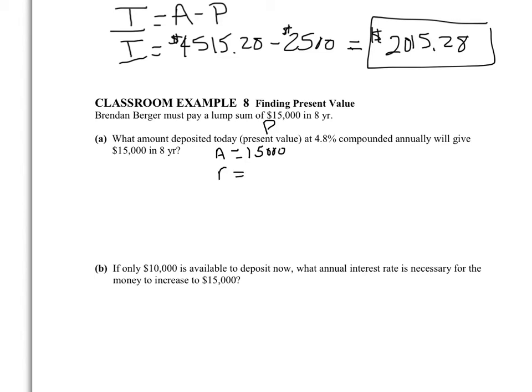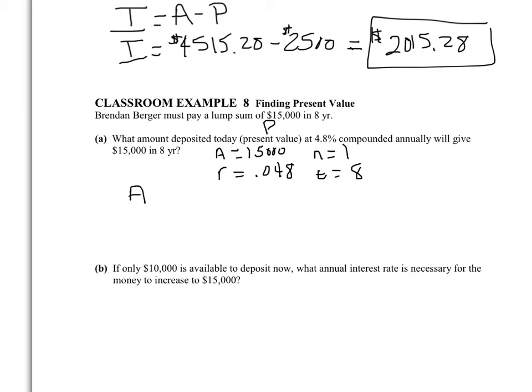Well, it's 4.8% compounded annually. Remember to turn it to decimal form, and that would be 0.048. The N tells how many times in a year it's being compounded. Since it's compounded annually, N is 1. And what is the length of time he has to invest? 8 years. So T is 8.